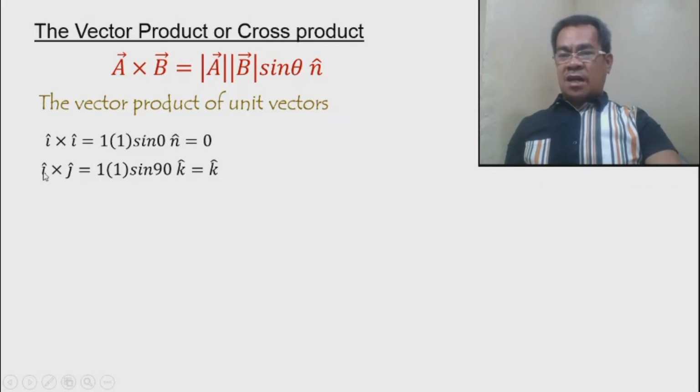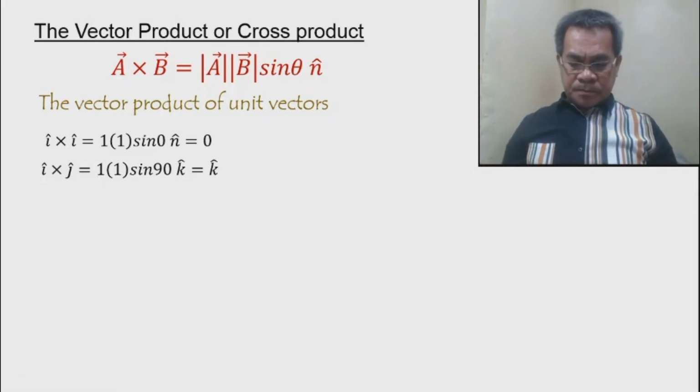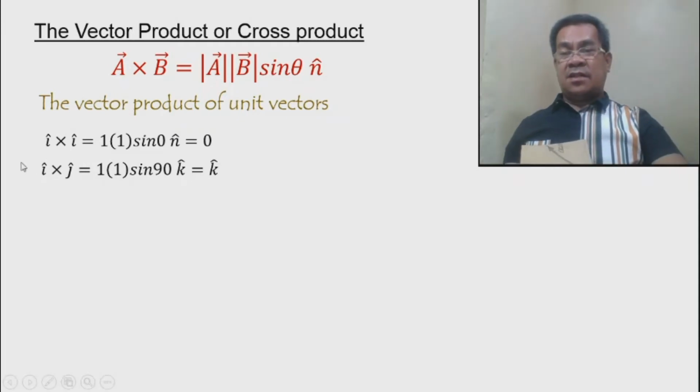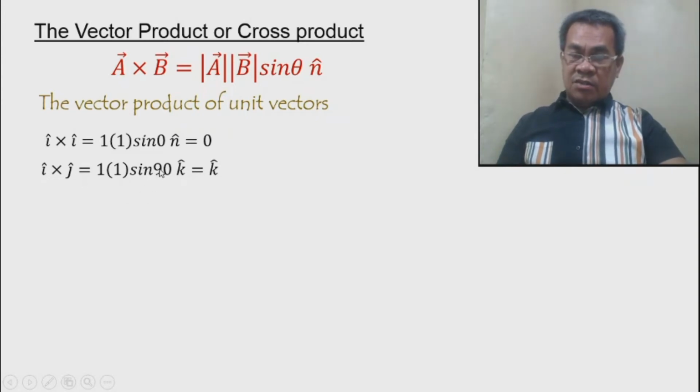Now, what is I cross J? In this case, this is I and this is J, but J is, take note, 90 degrees from this I. So therefore, the angle must be 90. So it is 1 unit of I times 1 unit of J times sine of 90.